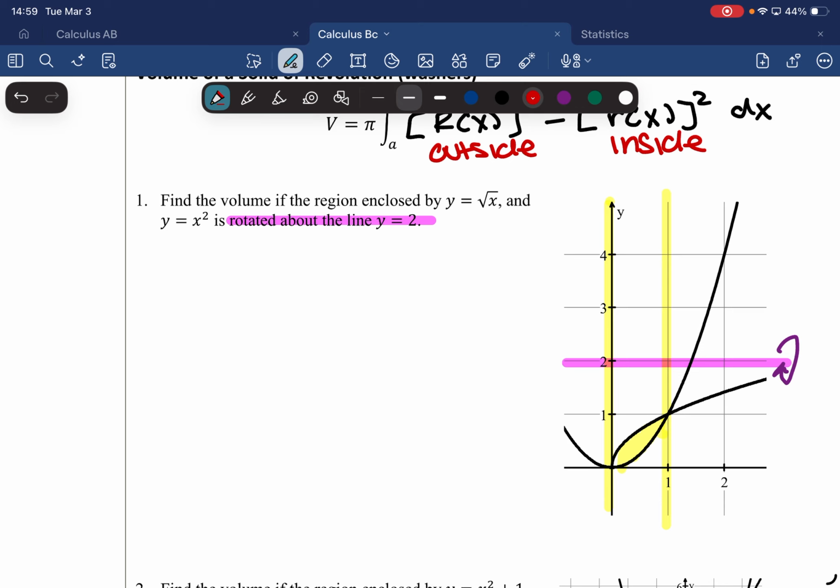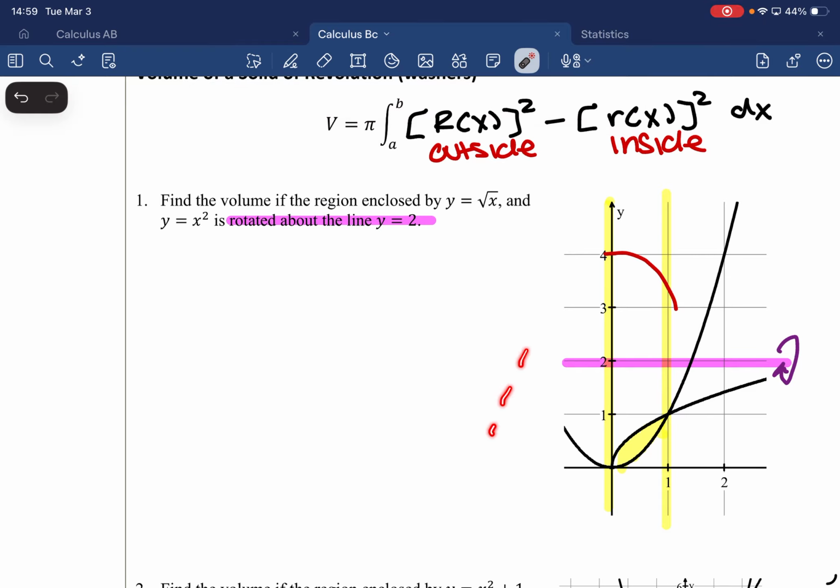So when I draw that, it's going to look like this. Notice I do not need to draw the entire thing, or it's just going to look like a graph of lines. Really all I care about is the mirror image of this area, so that's why I only drew that part.